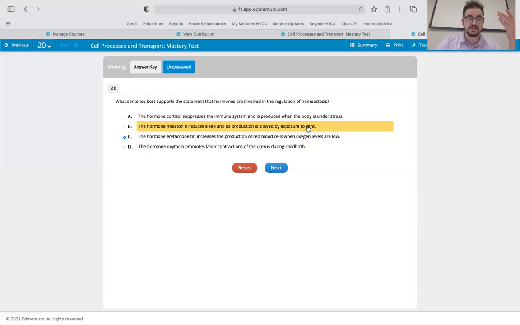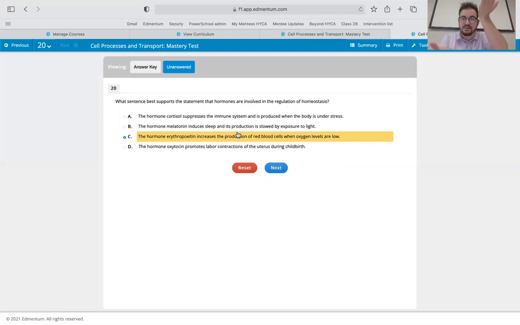That doesn't really show balance. Here we've got, it increases the production of red blood cells when oxygen levels are low. So it's trying to increase oxygen levels. So it's trying to balance things out. It'll increase something else to increase this and balance it out. So when something's low, it's going to make it higher.